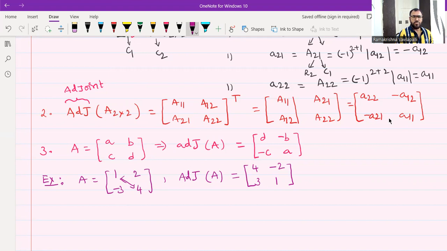Now I have explained the adjoint of a 2 by 2 matrix. What is the adjoint for a 3 by 3 matrix? Let A equal to a 3 by 3 matrix like this.